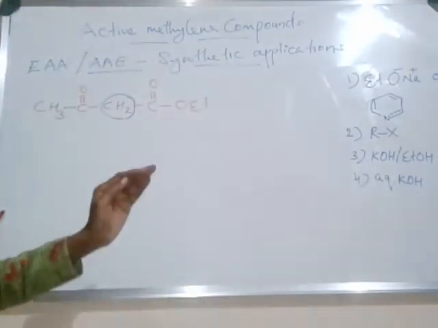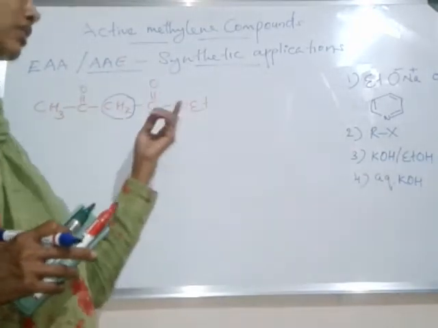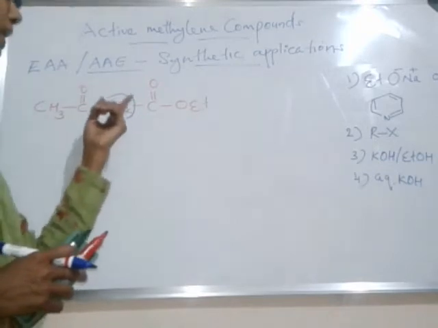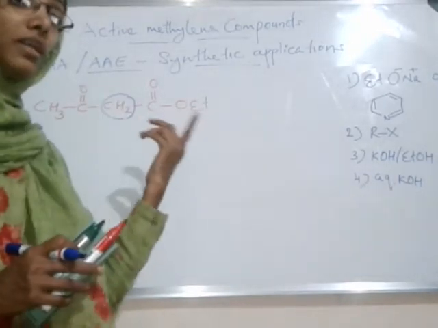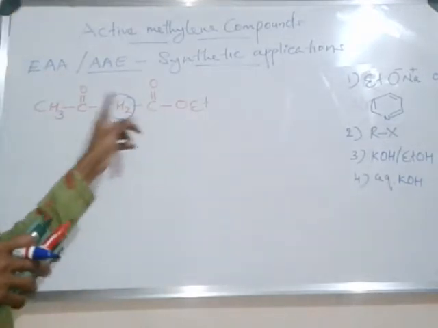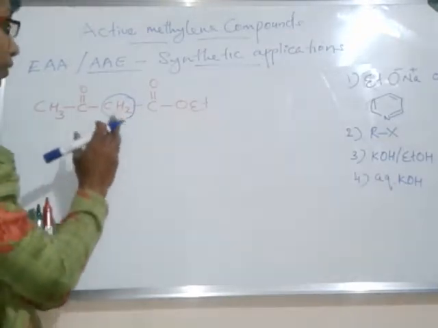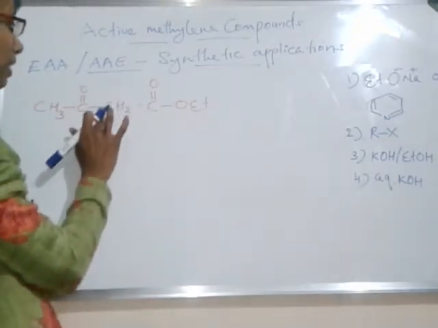Many of the synthetic applications of ethyl acetoacetate involve utilization of the acidic nature of the methylene hydrogen. We know that methylene hydrogens are highly acidic due to the presence of strong electron withdrawing groups on either side. So many of these synthetic applications use the acidic nature of this methylene hydrogen.